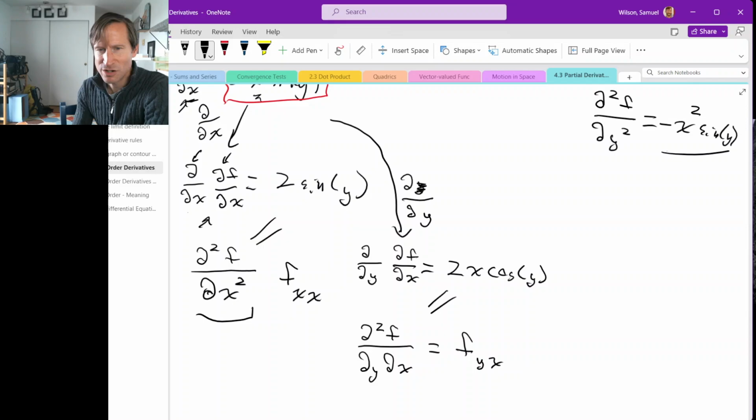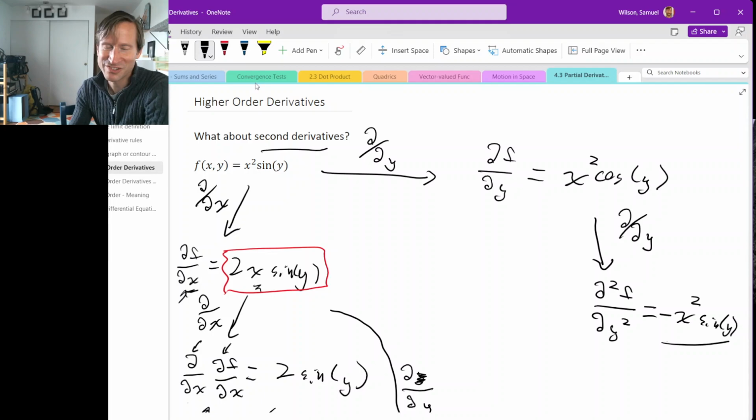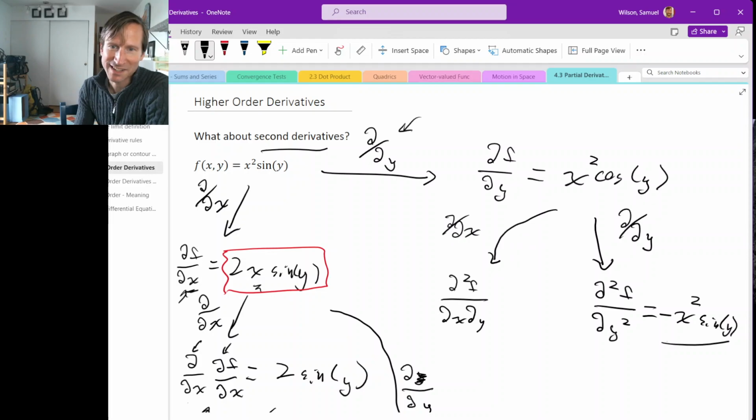Okay, so the final second order derivative that we could take here is to do our first derivative with respect to y, but then do our second derivative with respect to x. So partial x here. So what we would get here is partial squared f partial x partial y, like this.